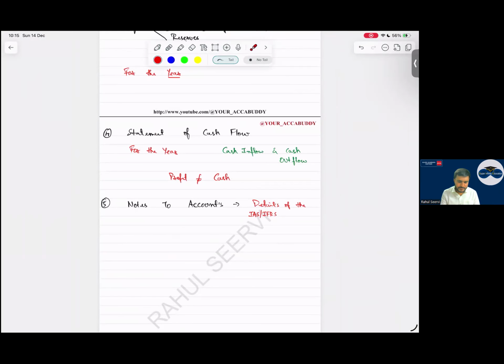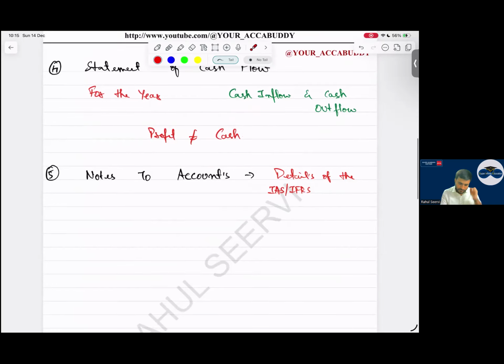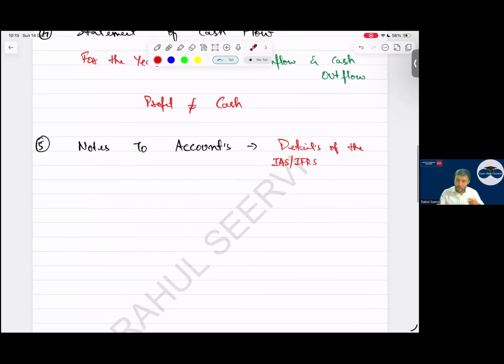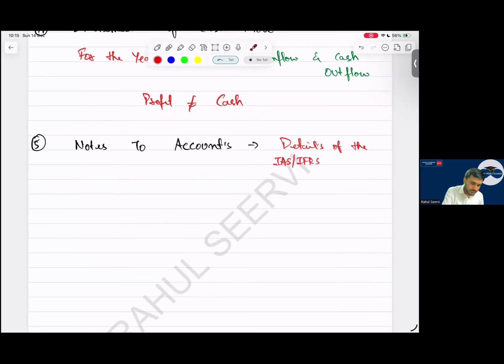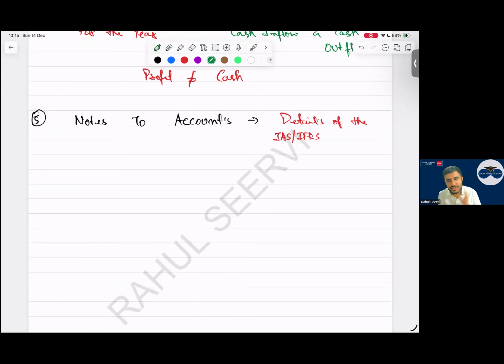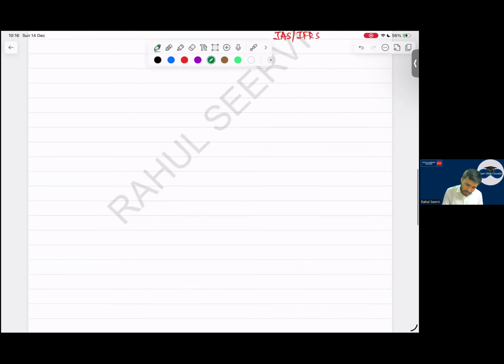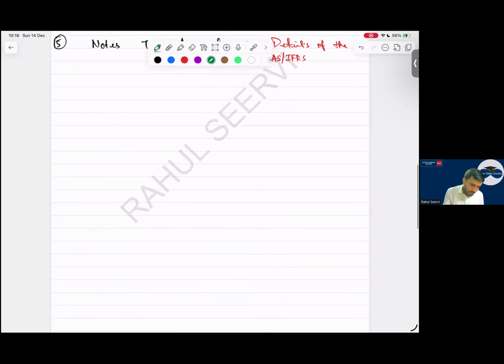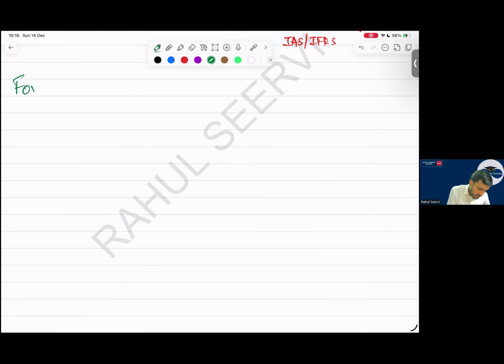As we learn, now coming to the format. Why the format? As I mentioned in SBR, calculation is less. I also know, but you should know the basic format of balance sheet and P&L. Now, the format of your P&L.